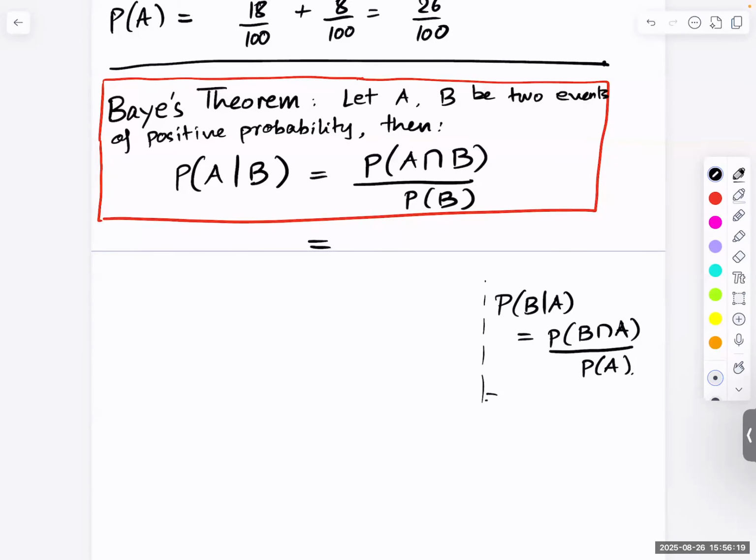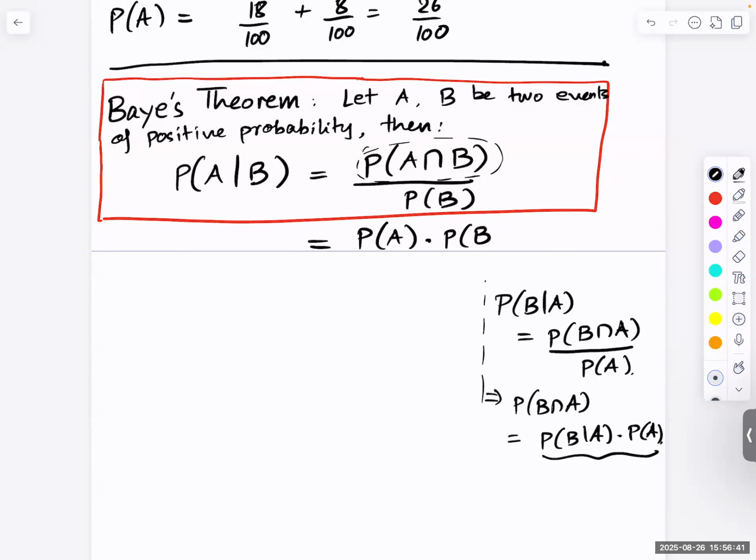So from here, we can write probability of B intersection A as a product of P of B given A times P of A. And what Bayes' theorem does is utilize this simple fact and allow us to write this numerator term as P of A times the probability of B given A, divided by probability of B.